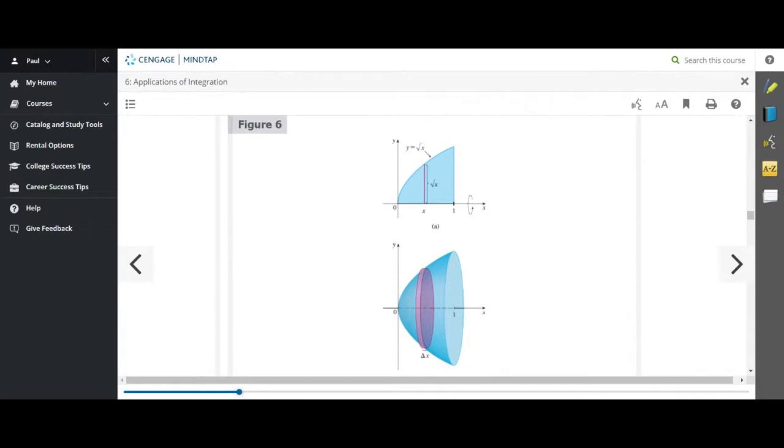How many have seen those in the stores? How they rotate about an axis?